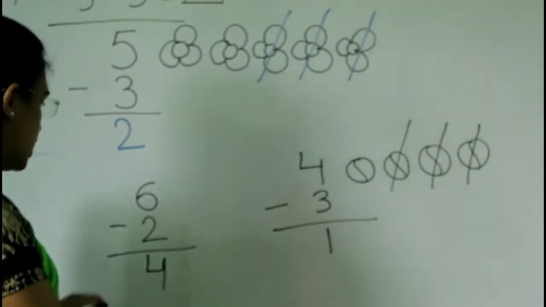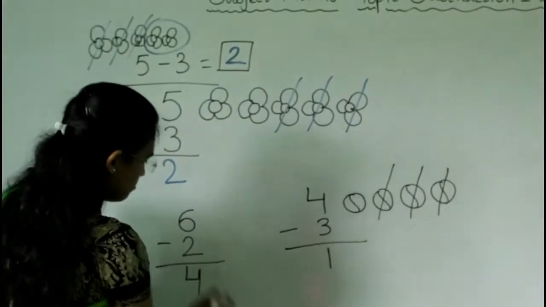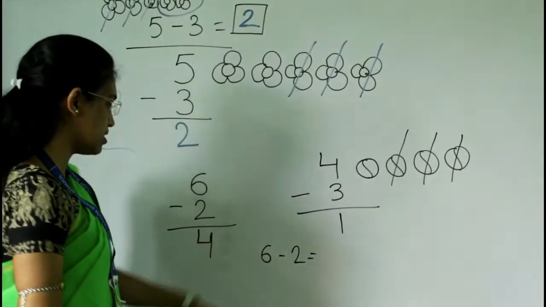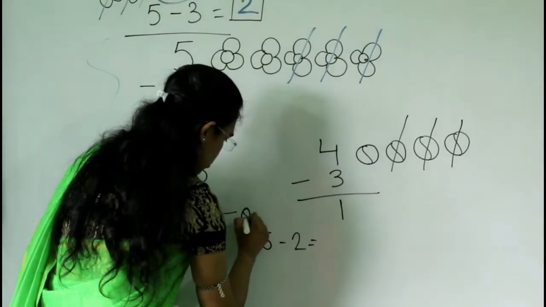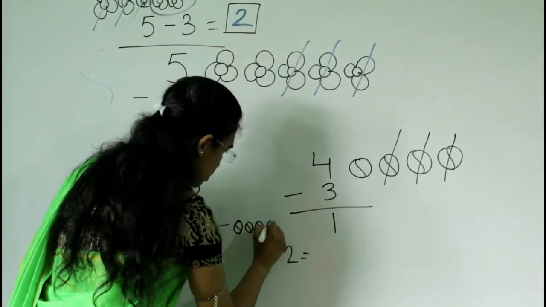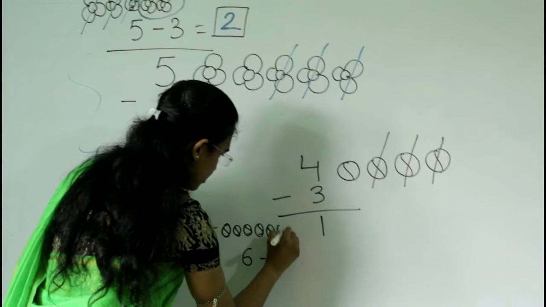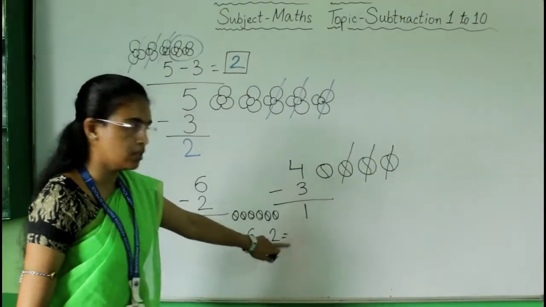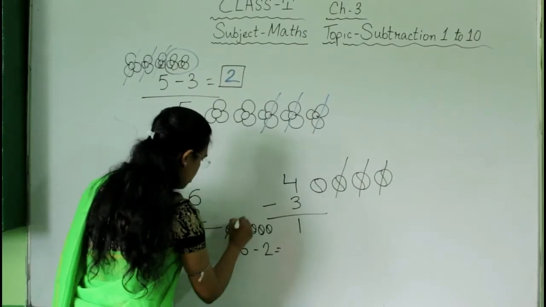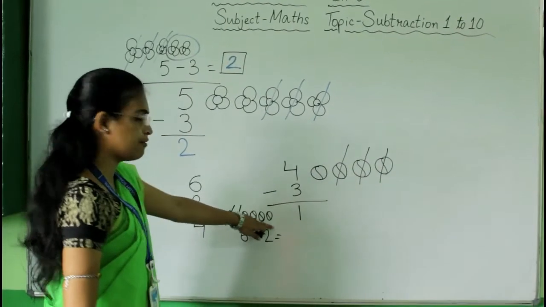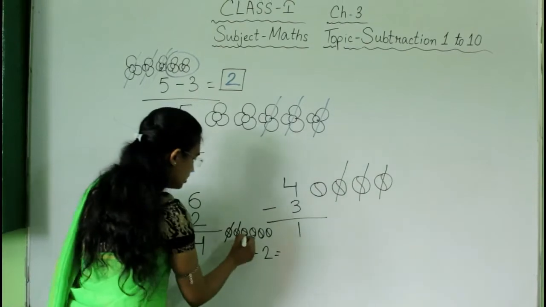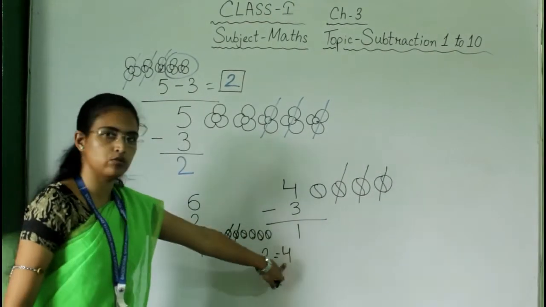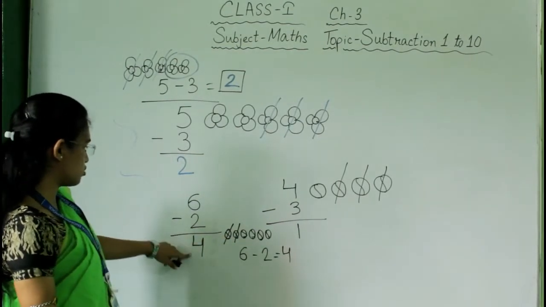Okay? Done? Now if you do this sum in this way, 6 minus 2, then what will be the answer? 1, 2, 3, 4, 5, 6 balls. How many do we have to subtract? 2. So 1, 2. So how many balls are left? 1, 2, 3, 4. 6 minus 2 equals 4.